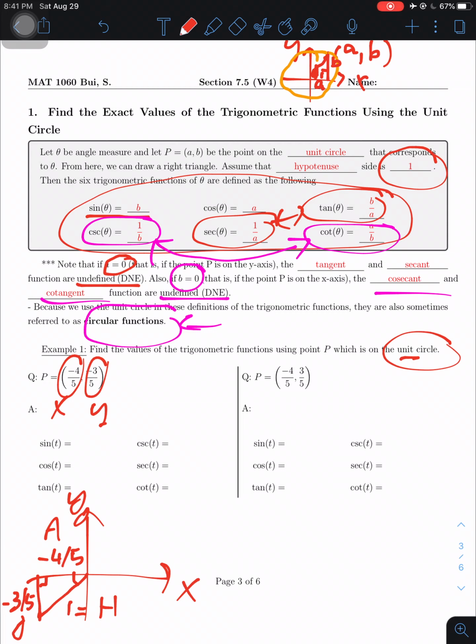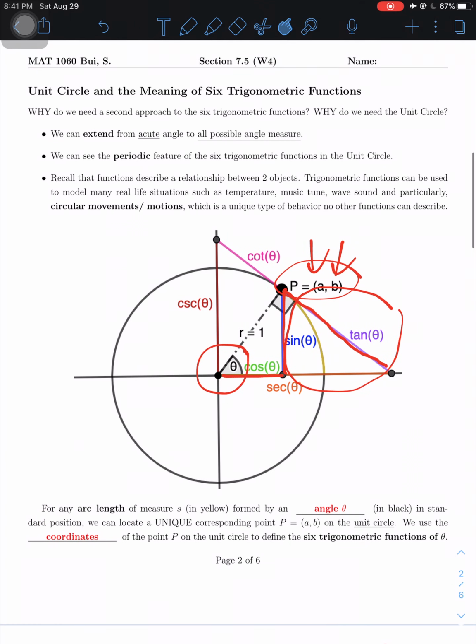I'm just going to go through the answers really quickly, because they are what we have already learned. If you see the symbol T here and it trips you up, T is just another symbol for the angle. In real-life applications, T can represent time, if you look it up in the textbook or the slides. Say at the first moment, at time 0, you're here, you'll have different values of all 6 trig functions, and then 10 seconds after that, you'll have different values for them.